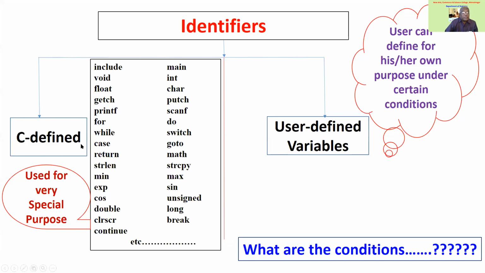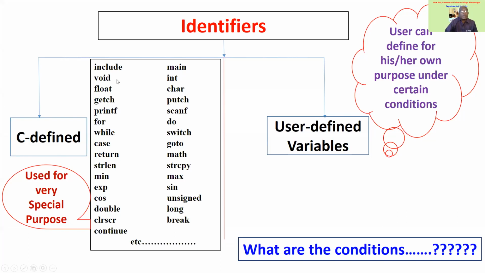C has its own class of words, its own class of variables, and those words are used for very special purposes, for specific tasks, and these words cannot be used by the user as a variable.